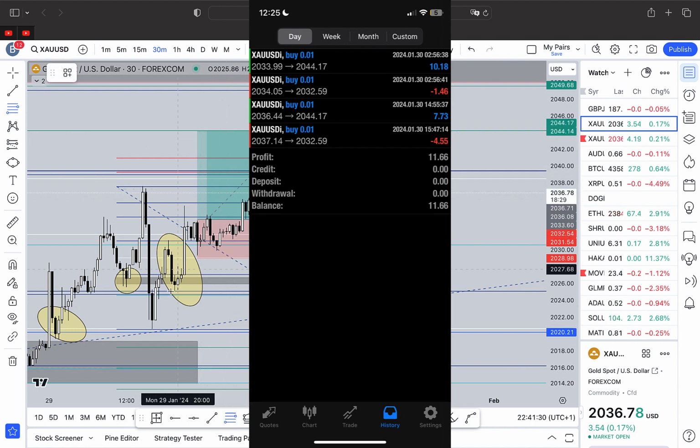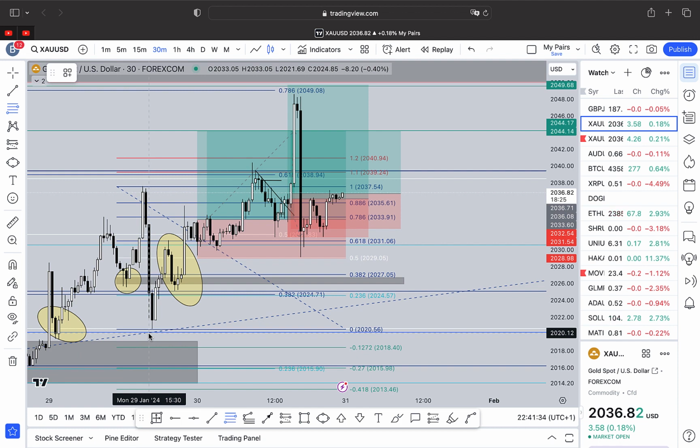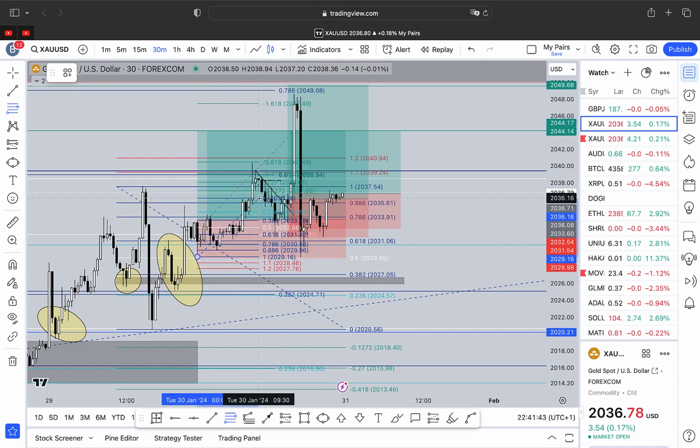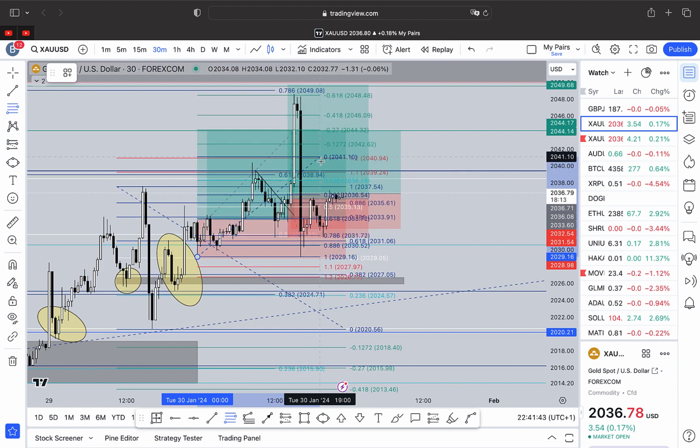So the best way that I could have made more on this trade or been more accurate on it was to basically, so over on this area we do see that this is not a valid pullback, but this is a valid pullback.